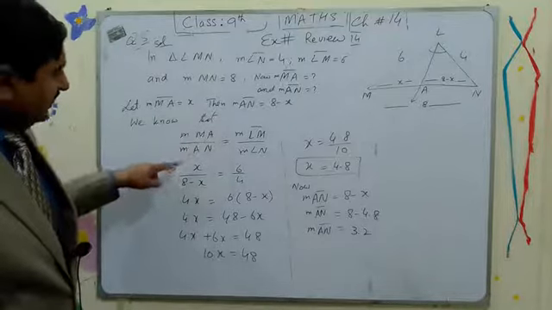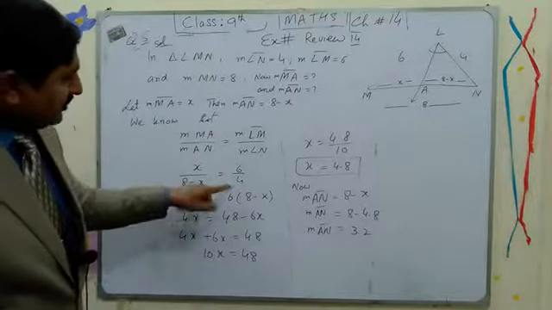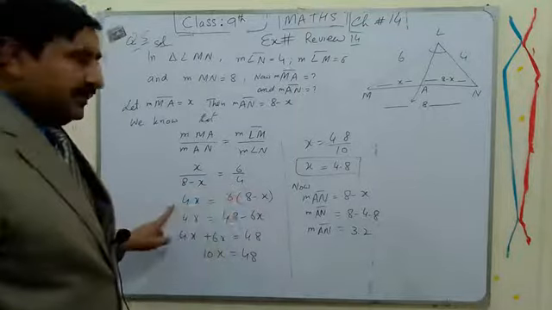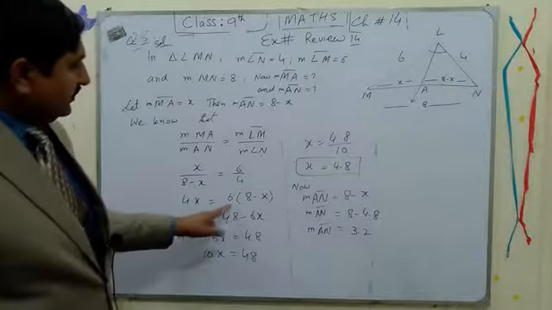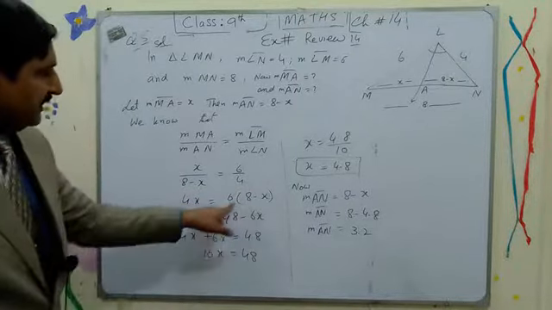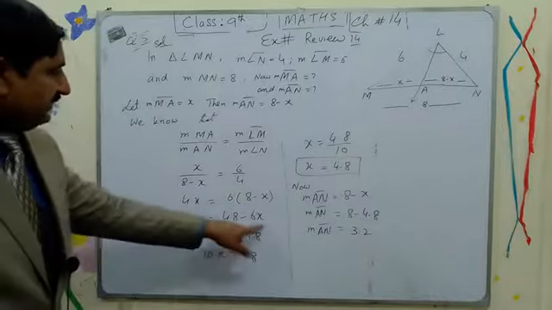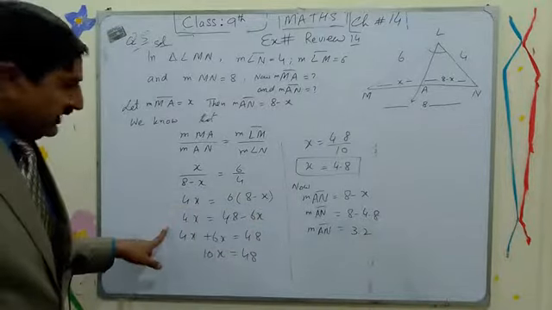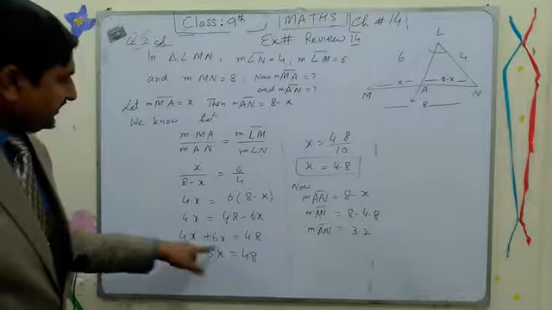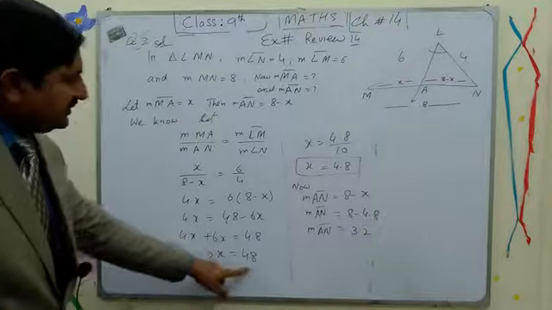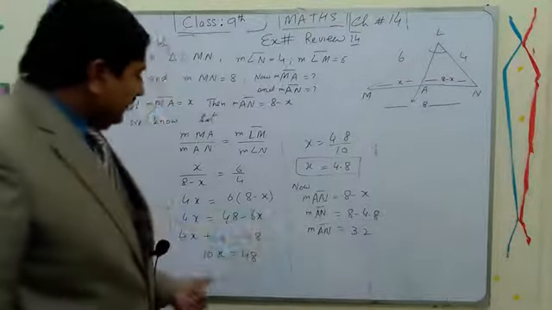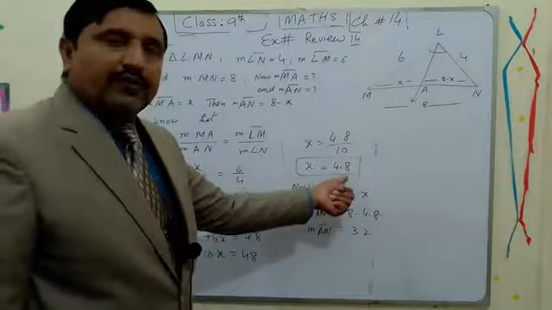So MA is x, and x over 8 minus x is equal to 6 over 4. With the help of cross multiplication, we get 4x is equal to 6 into (8 minus x). 6 times 8 is 48, so 48 minus 6x. Moving 6x to the left hand side, we obtain 4x plus 6x, which gives 10x equal to 48. Dividing both sides by 10, we get x is equal to 4.8.